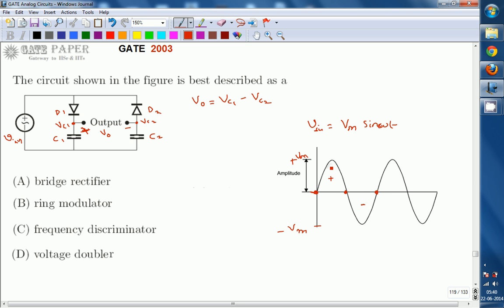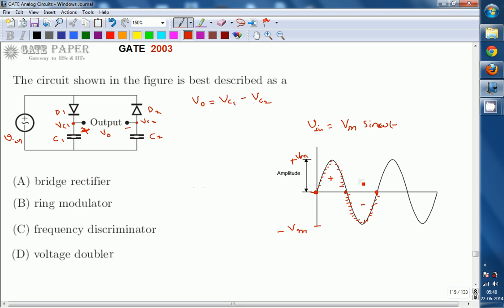If you observe the positive half cycle, all the voltages within it are positive, and all the voltages within the negative half cycle, at any instant of time, are negative. So we can classify the operation of this circuit into two cases: one during the positive half cycle, the other during the negative half cycle.